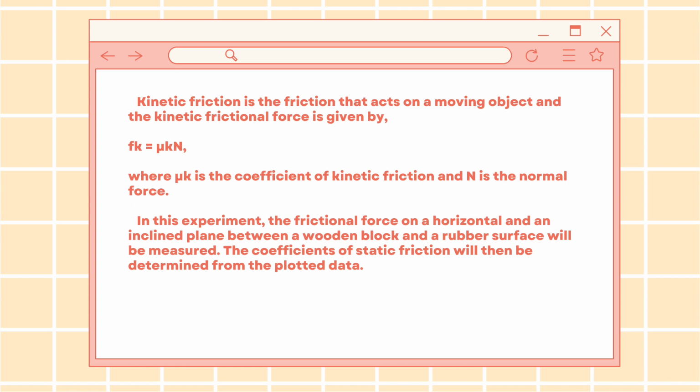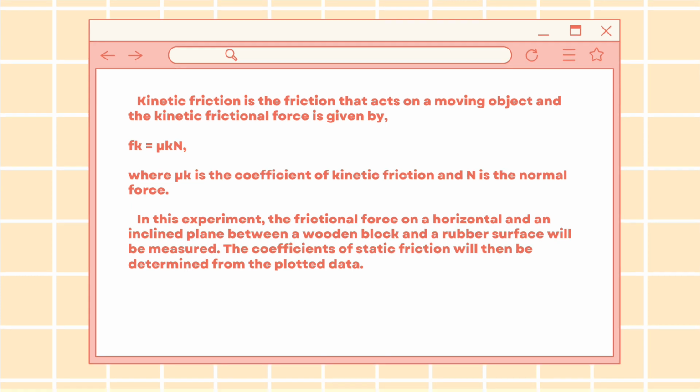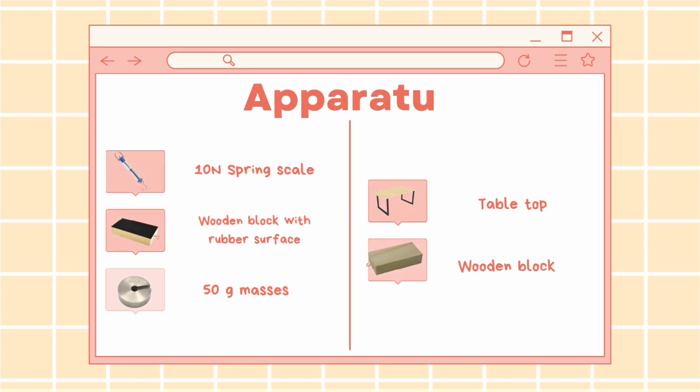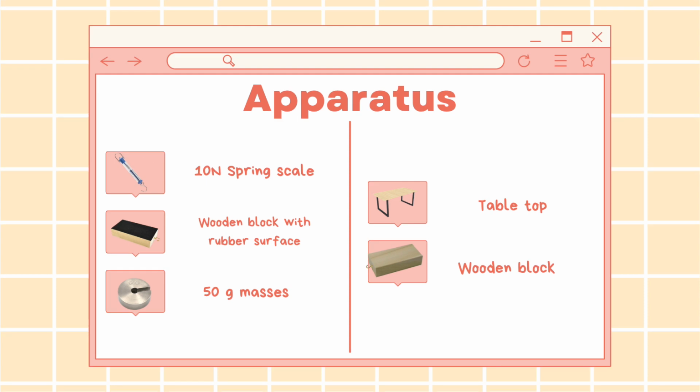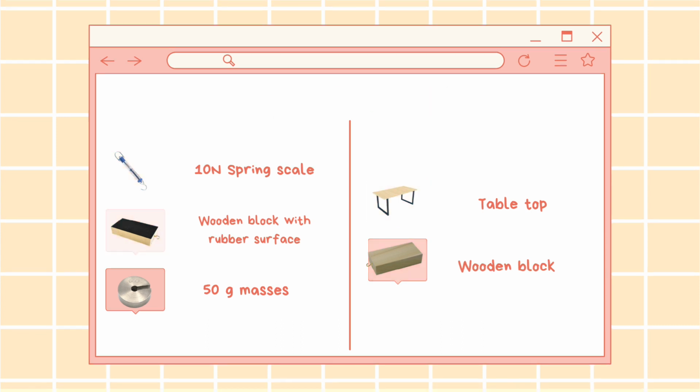The coefficients of static friction will then be determined from the plotted data. The apparatus used for this experiment is a 10 Newton spring scale, wooden block with rubber surface, 50 gram masses, tabletop, and wooden block.